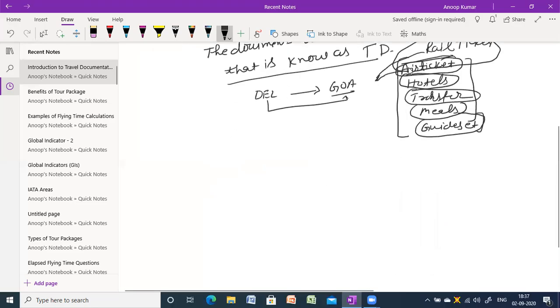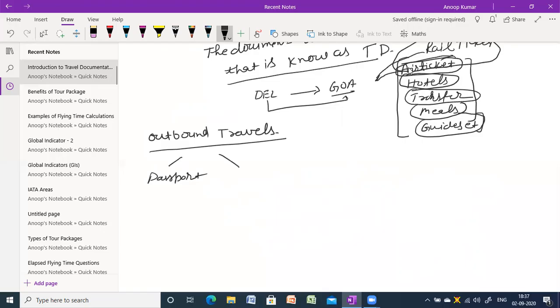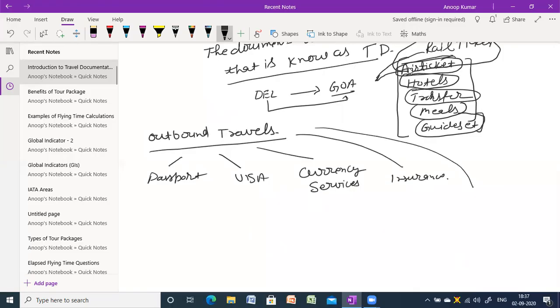Now if we are going for an outbound tour, outbound travel, we need further specific documents, like we need a passport, we need a visa, we need currency services, we further need insurance, and in some cases we may need some special permits, like protected area permits and restricted area permits.